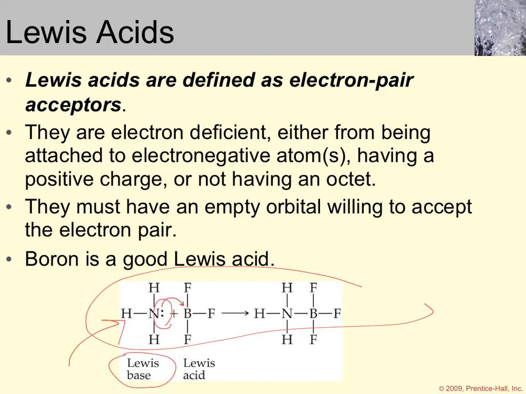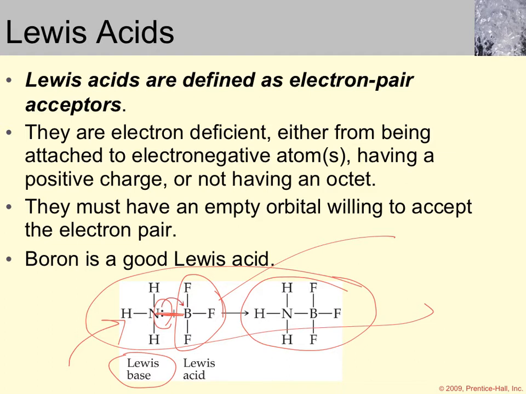What's different in this reaction, however, is we would never classify boron trifluoride as a Bronsted-Lowry acid because it has no hydrogen to donate, but it can accept an electron pair, and usually that electron pair is used to make a bond between the Lewis acid and base. And so a Lewis acid is not always a Bronsted-Lowry acid.